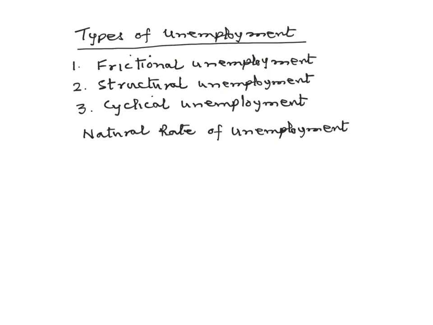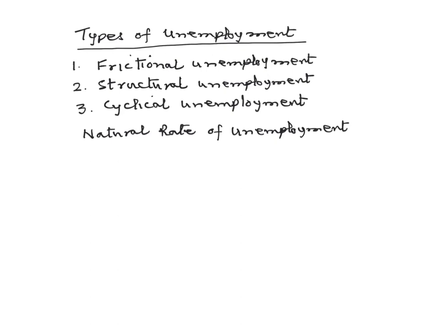Structural unemployment arises from a persistent mismatch between the job skills or attributes of workers and the requirements of jobs. Cyclical unemployment is caused by a business cycle or recession.